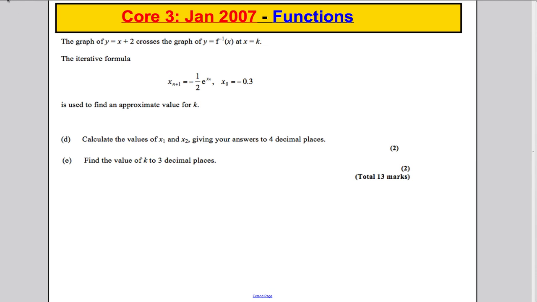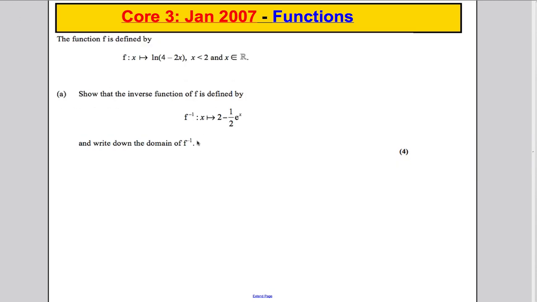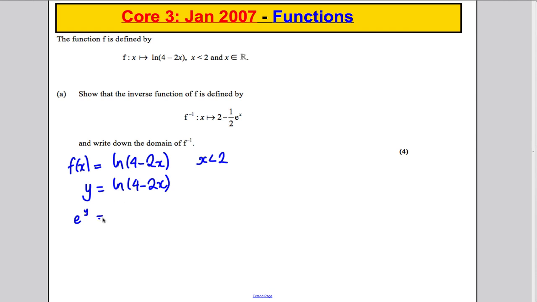Okay, let's work through this then. Here's our function. Show that its inverse is as follows, and write down the domain. We are told that f of x is ln of 4 subtract 2x, and we're told that x has to be less than 2. So we could let y be equal to ln of 4 subtract 2x. We could take exponentials of both sides, so e to the y, as we try to make x the subject of the formula, is therefore 4 subtract 2x.